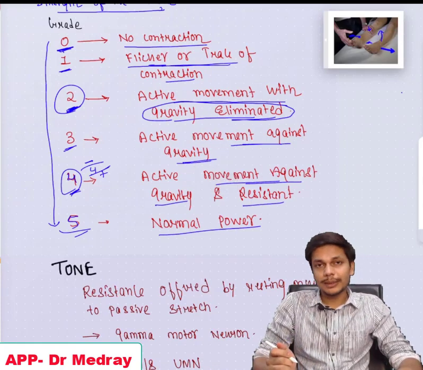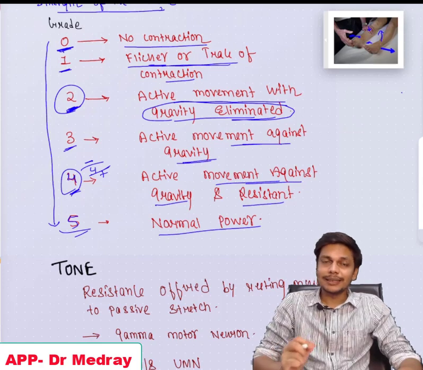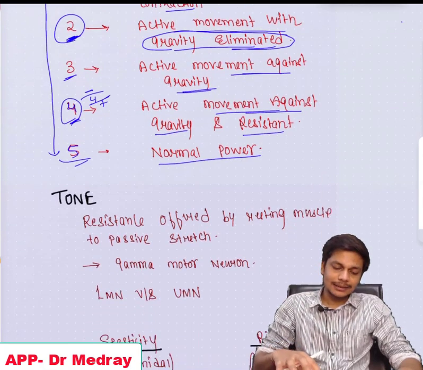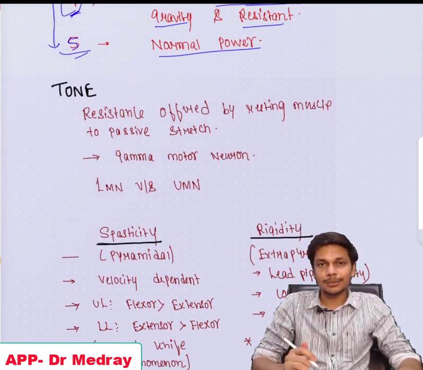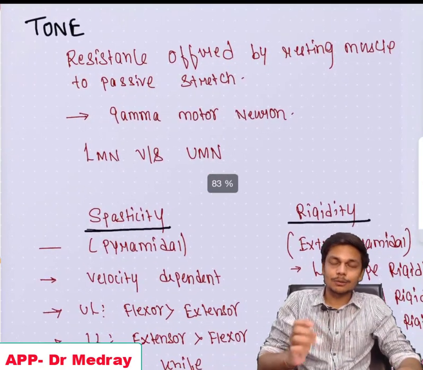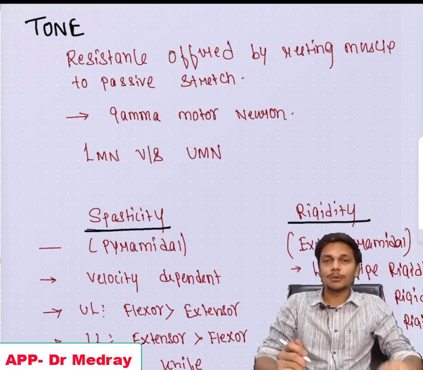So we will go to the patient and see the motor system examination, but here you understand the concept of the examination. Next, coming to discuss the most important aspect of the motor system examination, the tone of the muscle. So what is the tone?